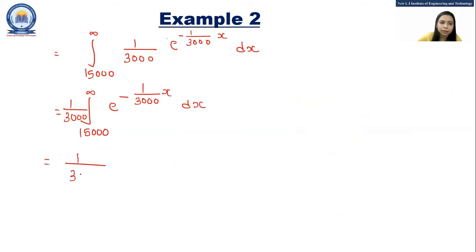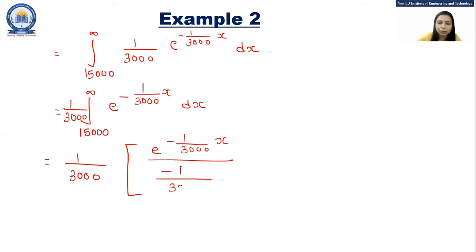So 1 by 3000 times the integration of e raised to minus 1 upon 3000 x, which is e raised to minus 1 upon 3000 x upon minus 1 upon 3000, with upper limit infinity and lower limit 15,000.